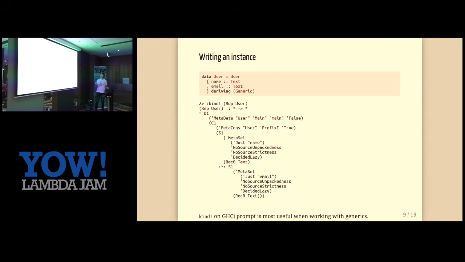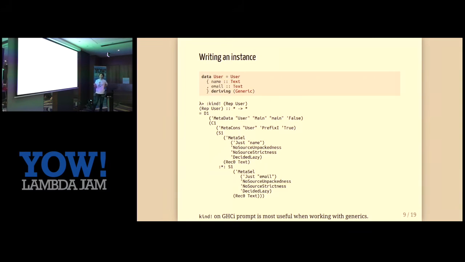We had a user with name and email, and we've derived Generic. This is the magic that lets us derive all this isomorphism, which is still called Rep, and which will later allow us to write our own instances. Kind, with an exclamation mark, gives a representation of the type that we give it.